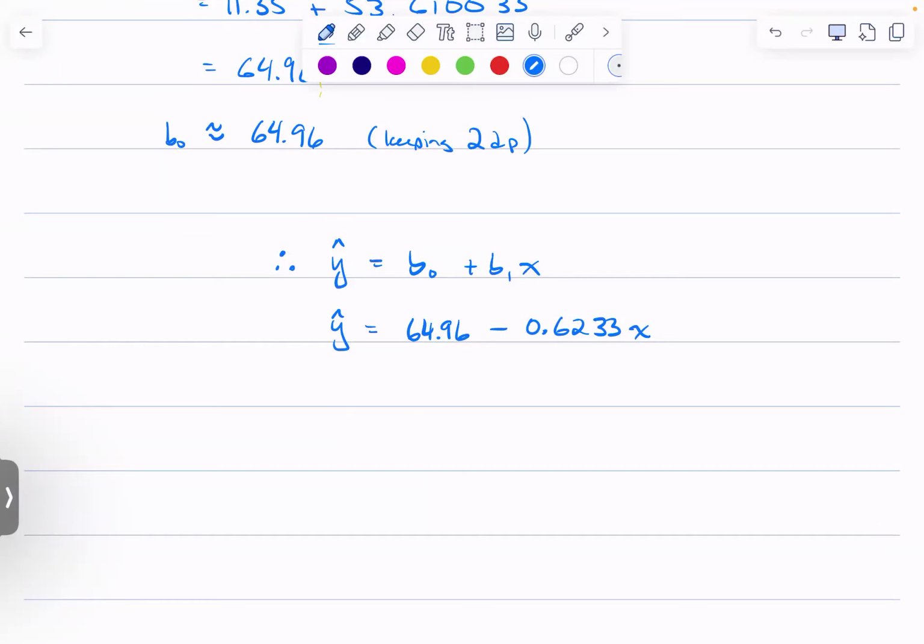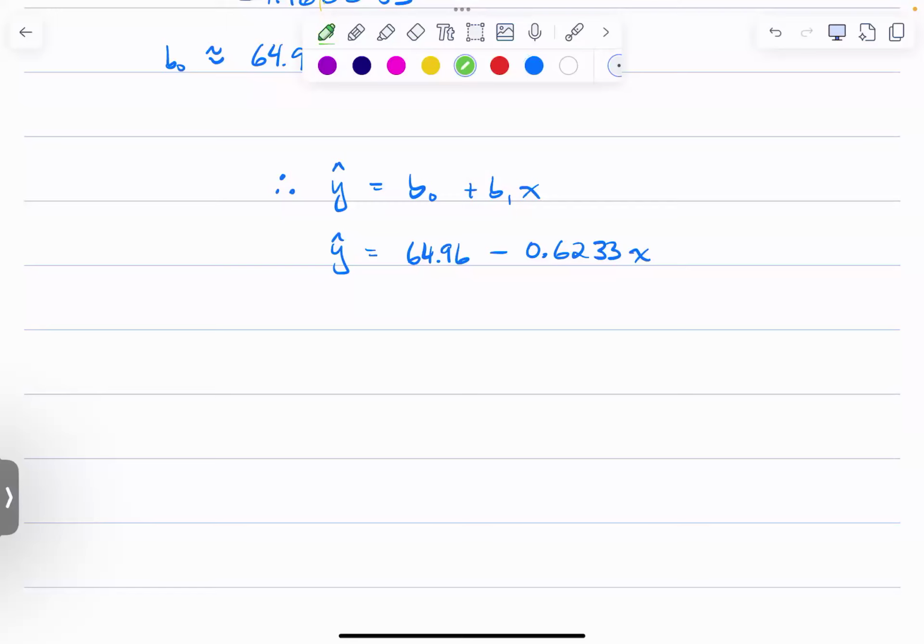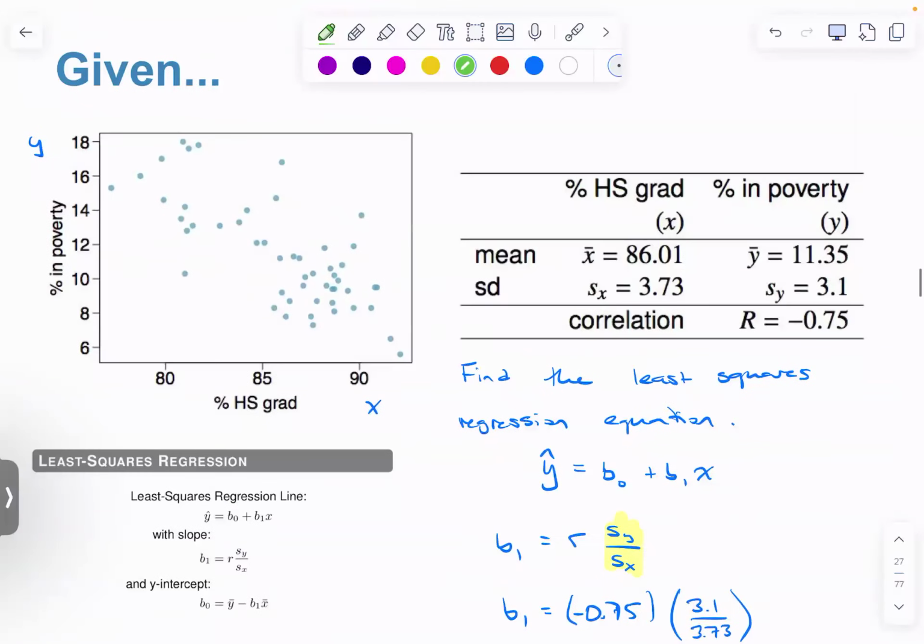Sometimes people prefer we replace x and y with the variable names. I'm not too concerned about that. I'm fine with just leaving it as y hat and x, but it means that you have to keep track of which one's which. We said y, in this case, is the percentage in poverty, and x is the percentage of high school grads.